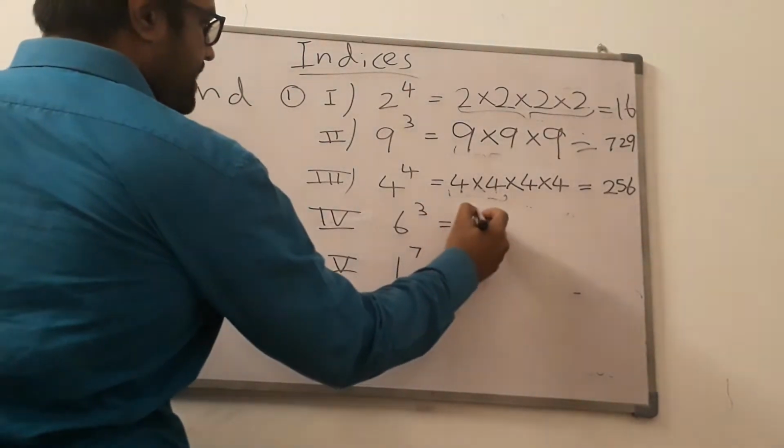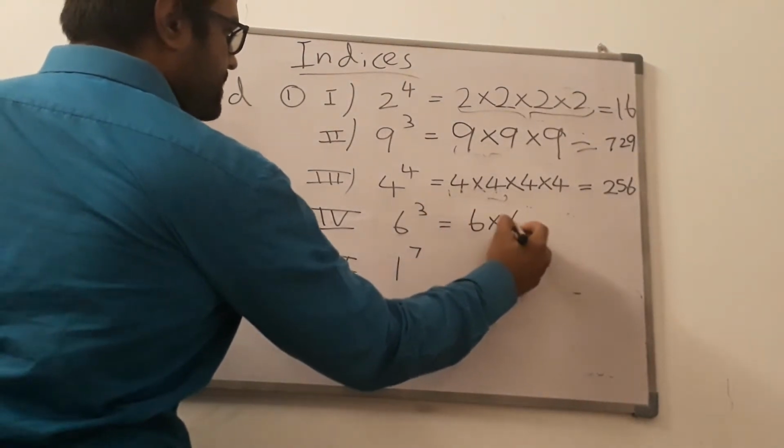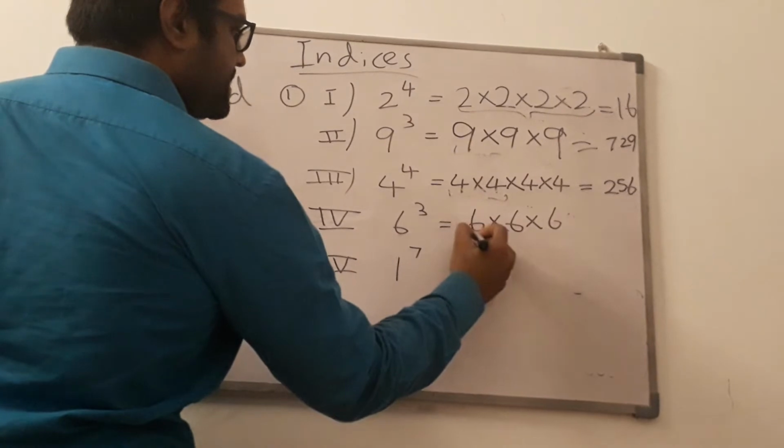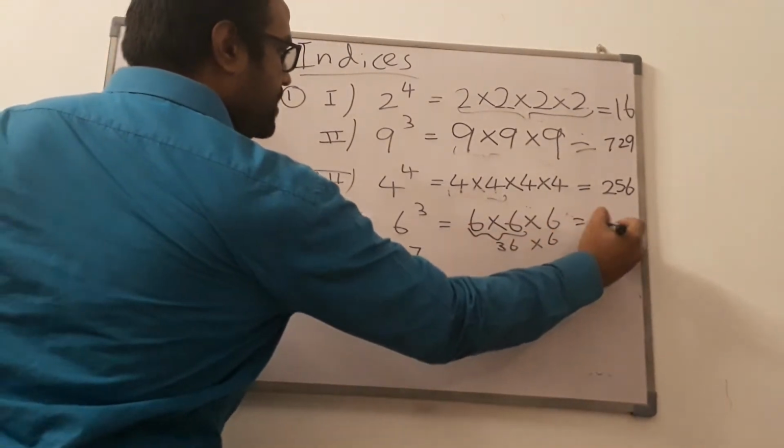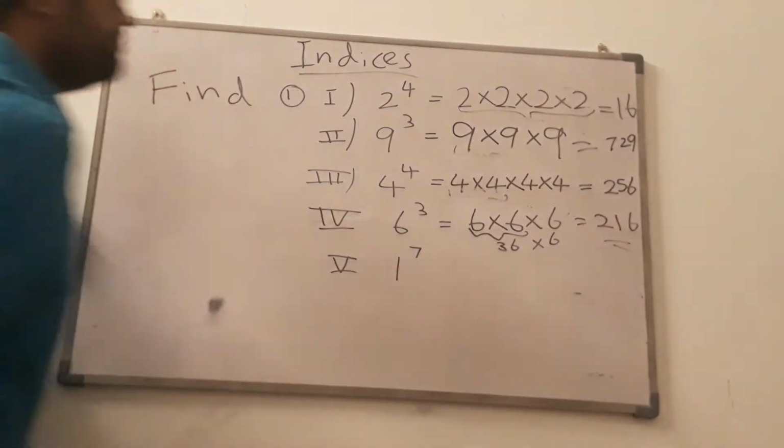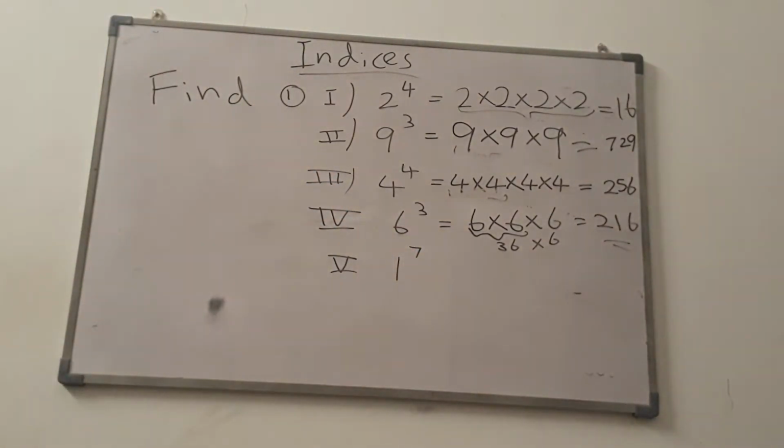Next is 6 to the power 3. 6 to the power 3 means 6 times 6 times 6. 6 times 6 means 36. 36 times 6 means 216. Check and see whether I am wrong or not.